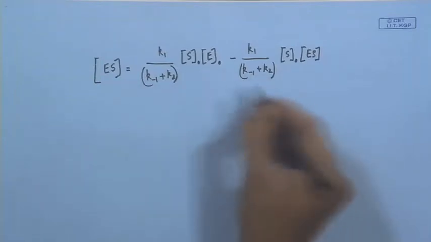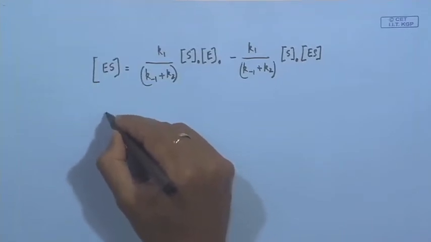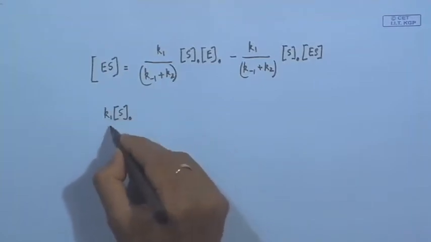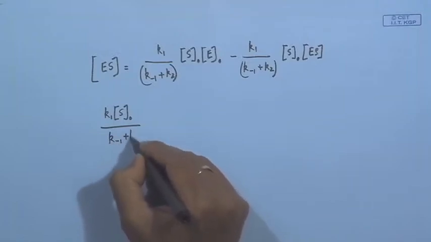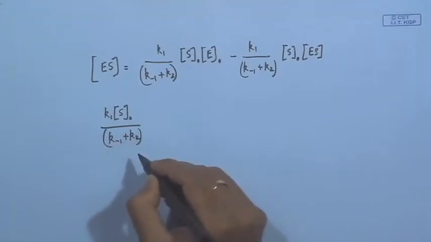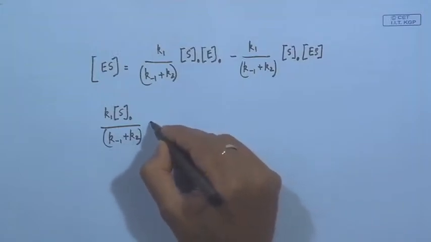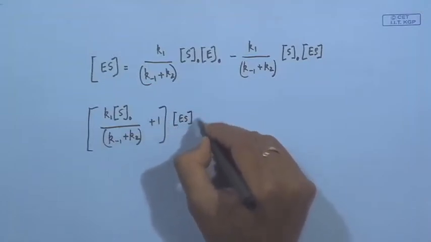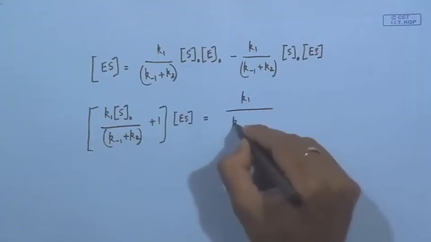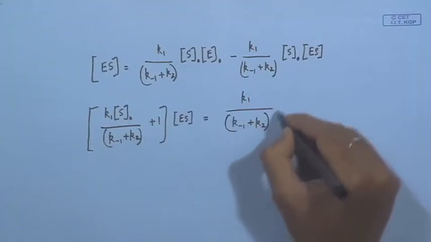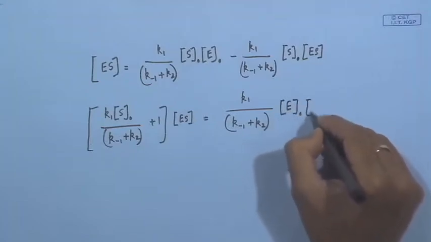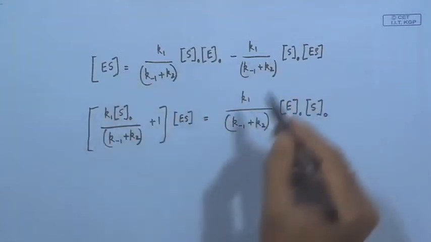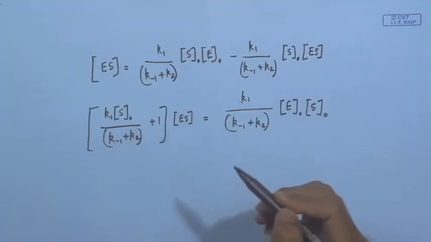If you transpose this to this side, then k1 S0 divided by (k minus 1 plus k2), plus 1, times ES will be equal to k1 by (k minus 1 plus k2) times E0 times S0.